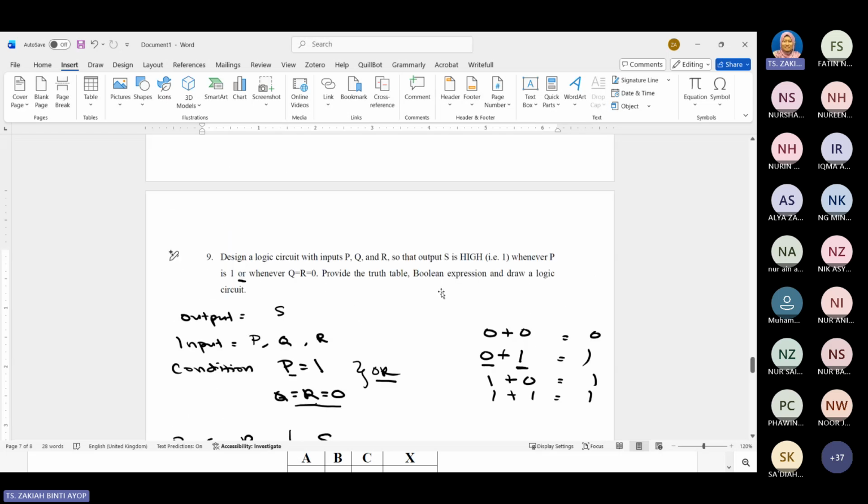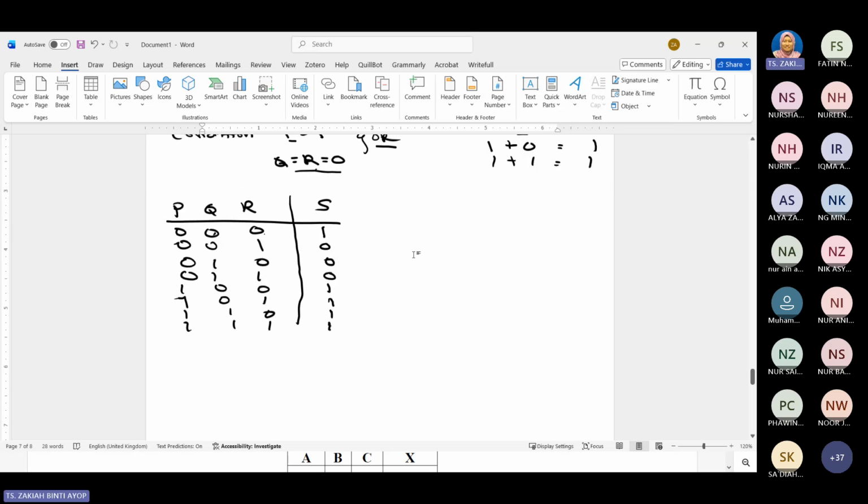What's next is to express the Boolean. In this case, I would suggest that you use the SOP to simplify it. Now use the SOP.